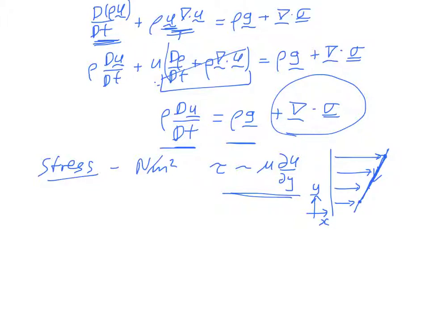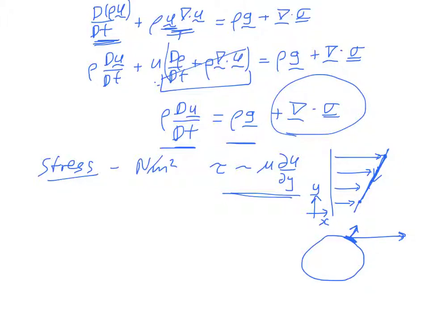So, of course, we note that stress has a direction, meaning it's a vector, but it's also applied to an area. So if we consider the edge of our control volume, the stress could have a certain direction, but the area over which it's applied also has a certain direction, or unit normal. In other words, there's two parts of information you need to understand stress.